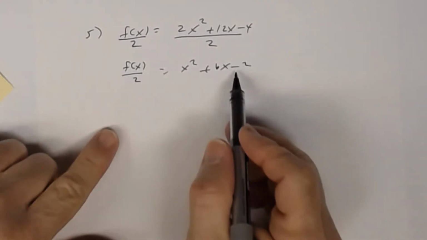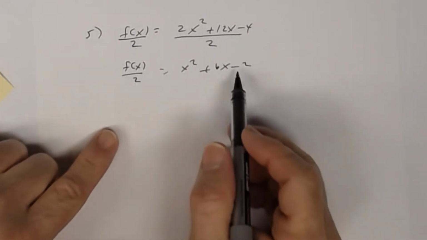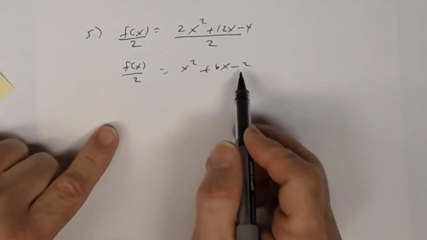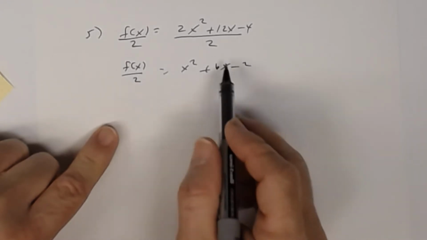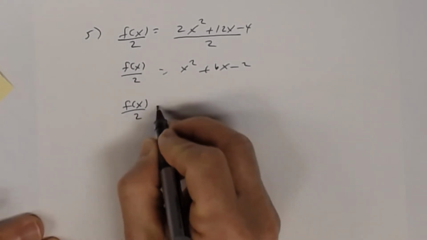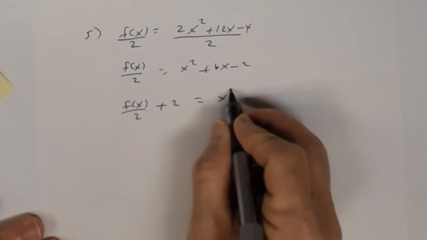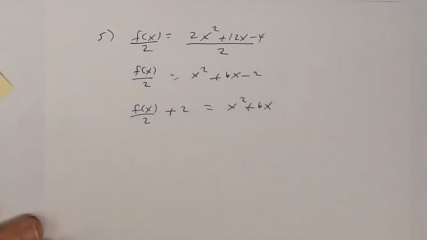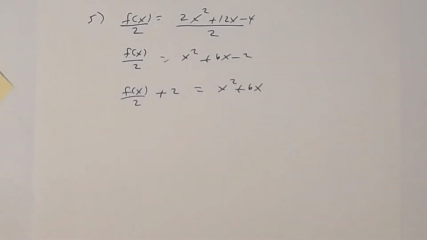Now we're going to add 2 to both sides to get the x's by themselves. So I get f of x divided by 2 plus 2 equal x squared plus 6x. Now that looks like some examples we've had before.